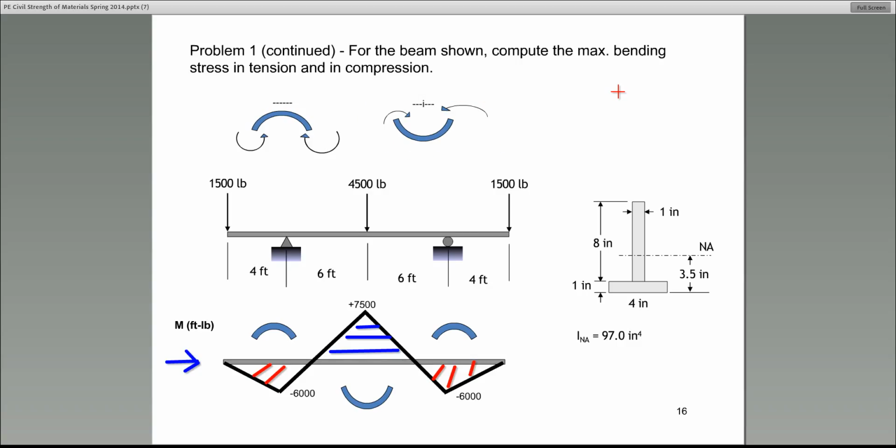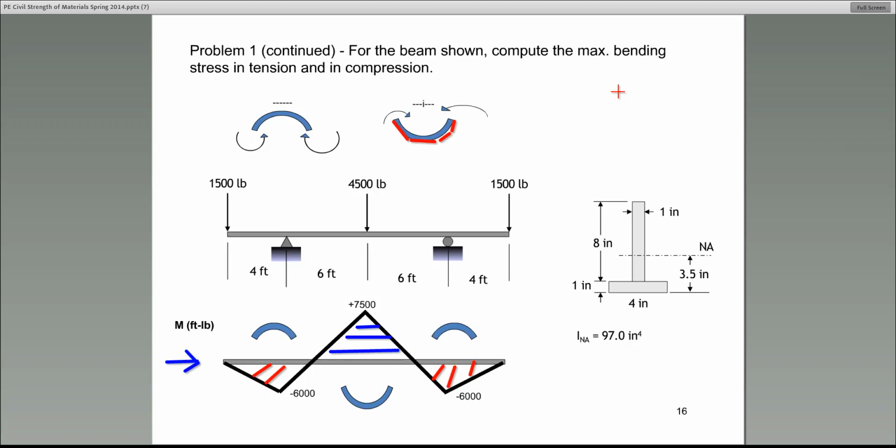This is positive moment here. And let me change the color. This is very, very important what I'm telling you right now. Positive moments cause the bottom to lengthen, to be in tension, and the top of the beam is in compression.